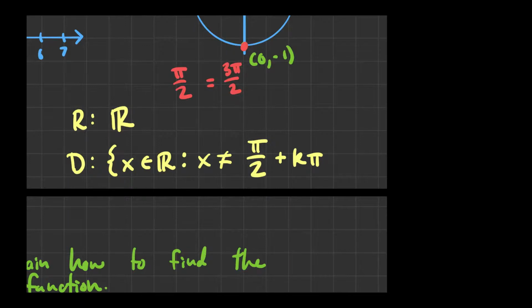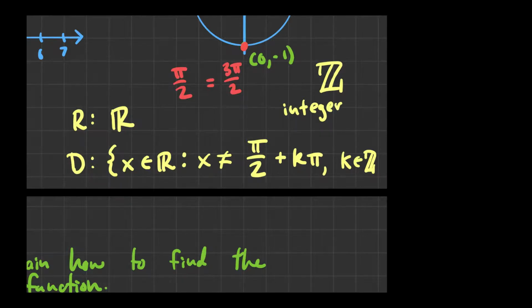Okay, so basically that's saying take pi over 2 and add some multiple of pi. But now I have to say, by the way, k is an integer. Okay, so integer is a capital Z.